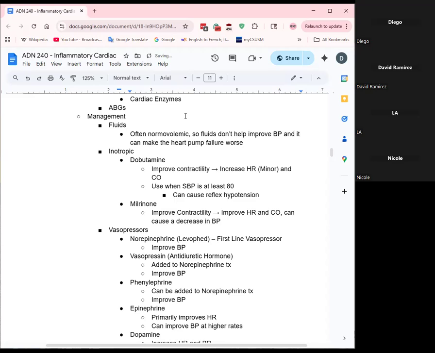Now you're adding more. You're basically increasing the CVP by doing that, so you're not really helping in that case. So it's just there to kind of keep in mind.